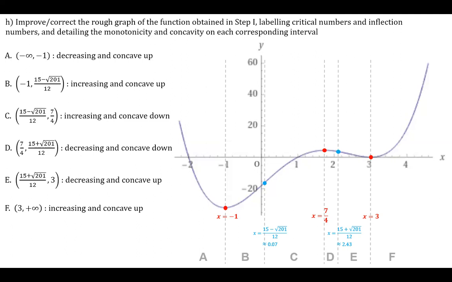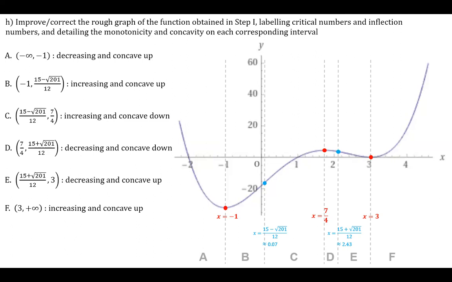In the next region, from -1 to (15 minus square root of 201)/12, the function is increasing and concave up. From (15 minus square root of 201)/12 to 7/4, the function is increasing and concave down.